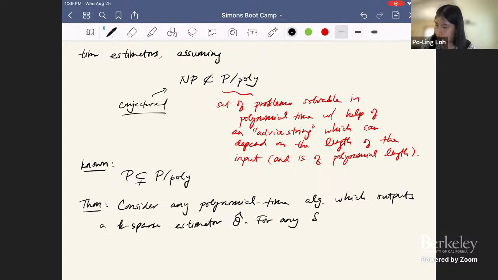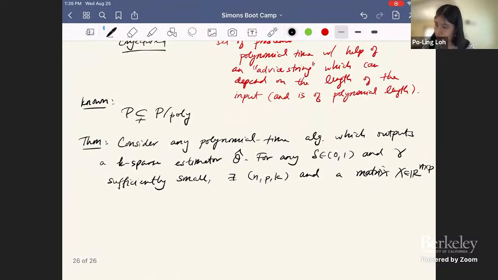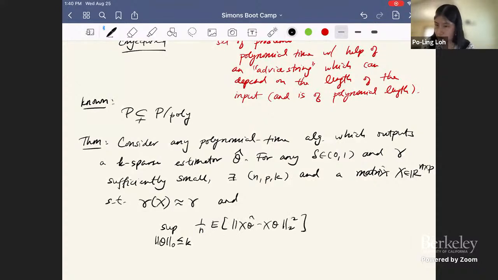Then for any delta in (0, 1) and gamma sufficiently small, there exist n, p, k and a matrix X in R^(n by p) such that, and here I'm being a little bit loose, gamma of X is approximately equal to gamma, and the supremum over all sparse vectors theta of 1 over n times the expectation of the squared 2-norm of X theta hat minus X theta is lower bounded by a constant over gamma squared times sigma squared k to the 1 minus delta, log p over n.